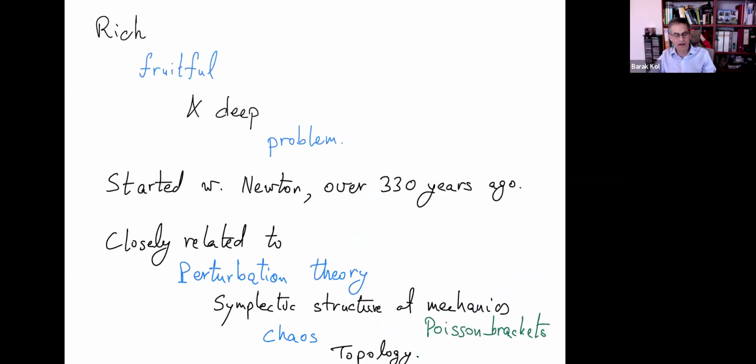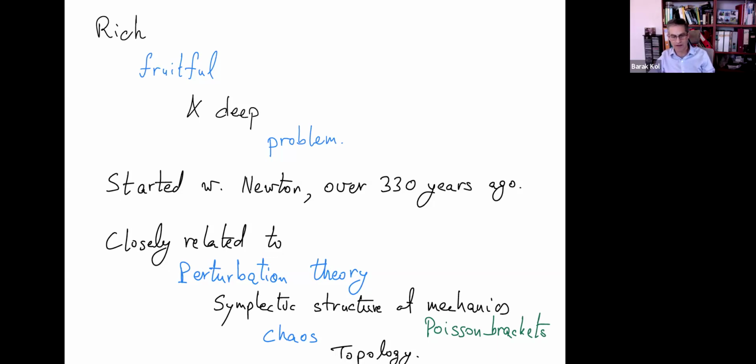This system has a lot of fascinating history, and it generated beautiful science. I write here that it's a rich, fruitful, and deep problem. It started with Newton over 330 years ago, and it's closely related to the following 4 branches of science: perturbation theory, the symplectic structure of mechanics, which is a dignified way of saying Poisson brackets, chaos, and topology.